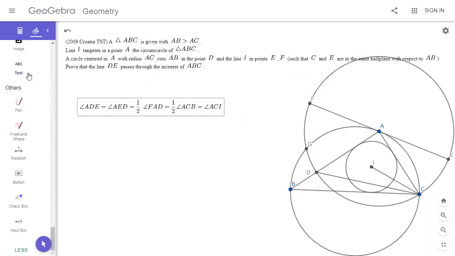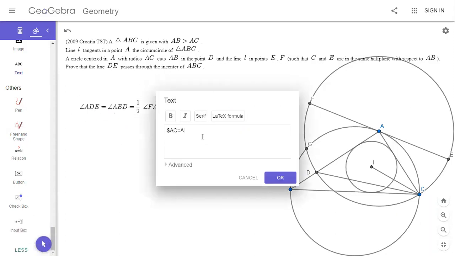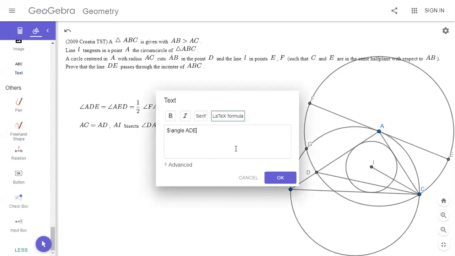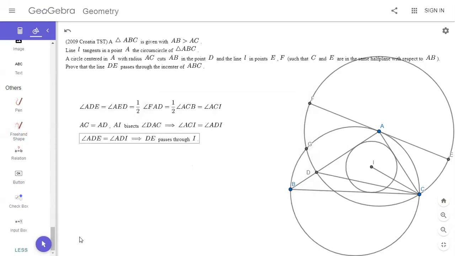So we have, so that means, since ADE is equal to ADI, DE passes through I. All right. I like it. Let's go on to the next one.